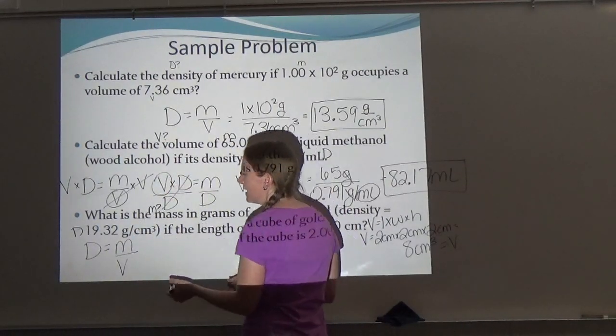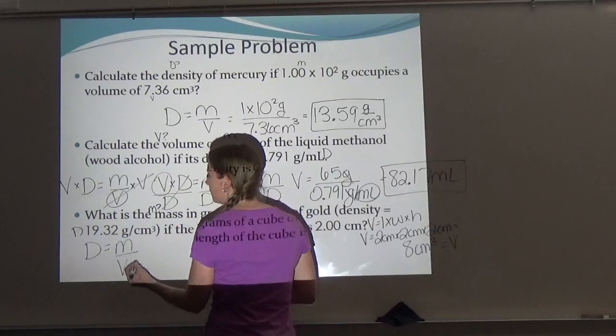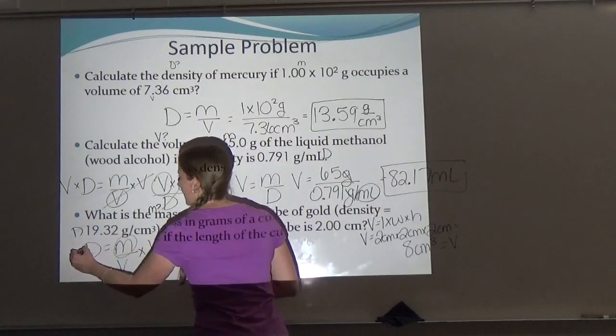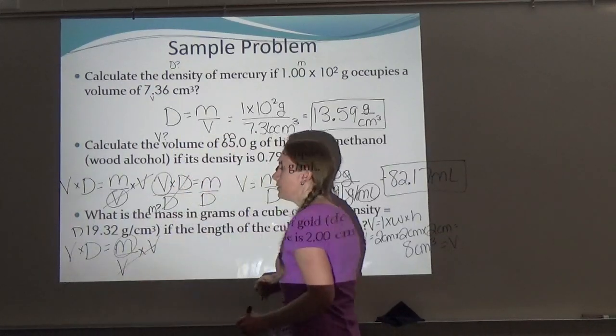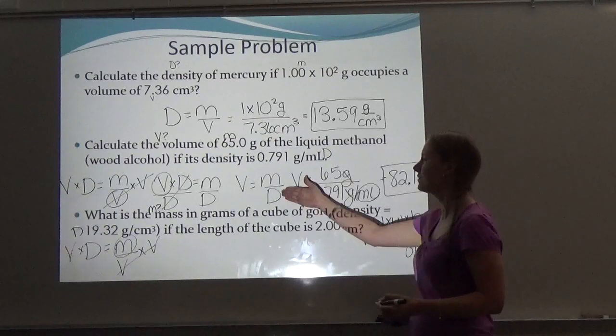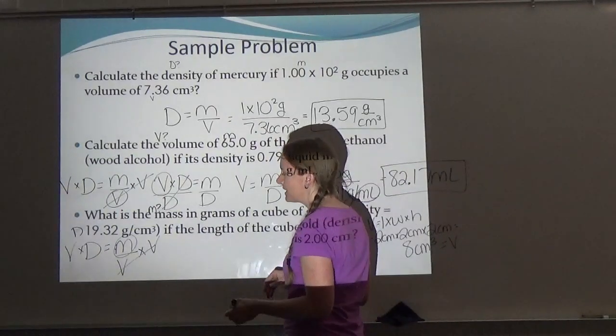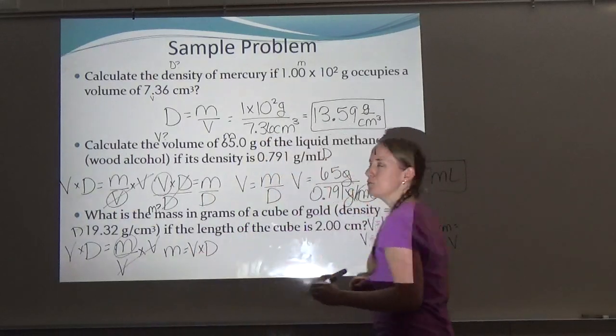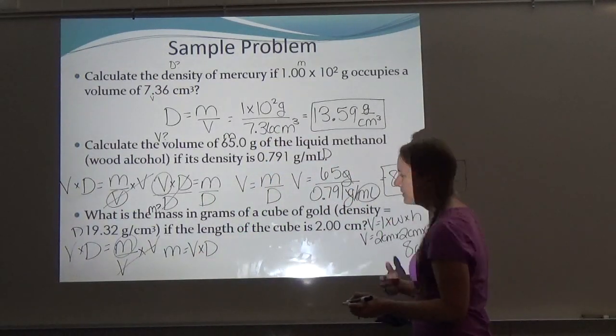I don't know what I was doing. So if we're solving for mass, then I need to multiply and get volume to the other side. And it would be volume times density. I know that's what we just got, but for some reason I just wrote the formula as what we had just derived it as. All right, so mass equals volume times density. I didn't want to confuse you, but that might just happen.